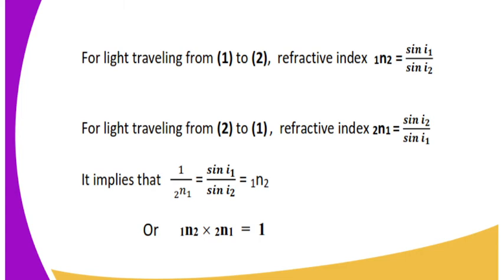For light traveling from 2 going back to 1, the refractive index is 2n1. That means light comes from medium 2 going to 1, and it is the sine of the angle of incidence at medium 2 divided by the sine of the angle at medium 1. That implies that 1 over 2n1 is the same as sine i1 over sine i2, which is 1n2.